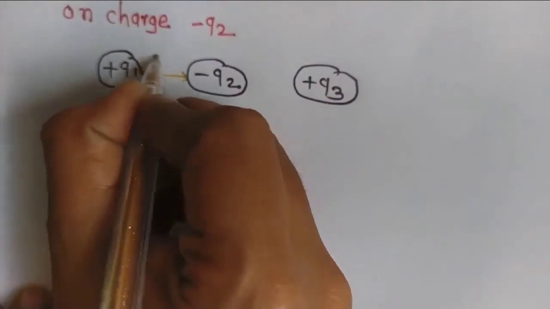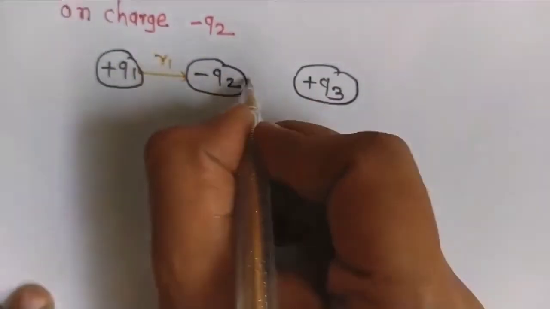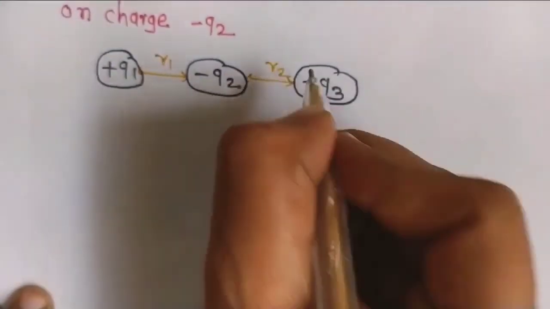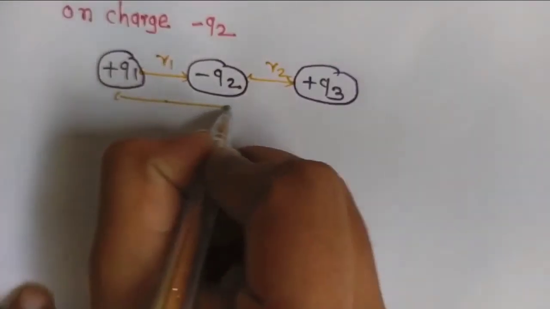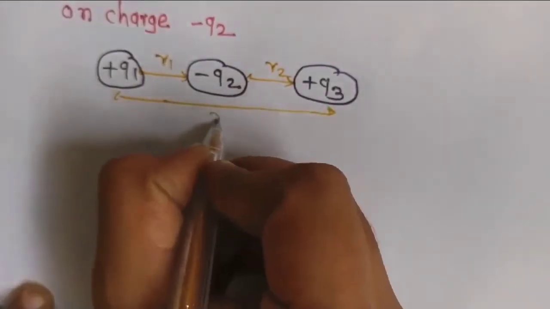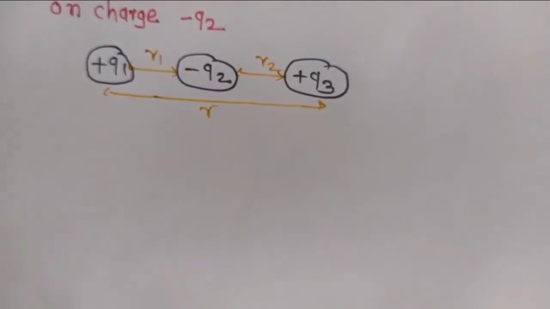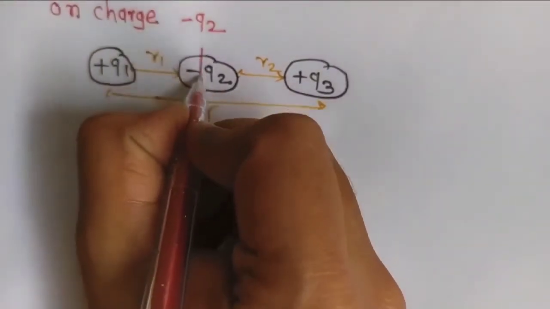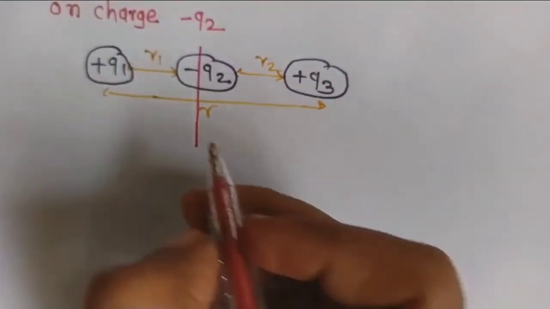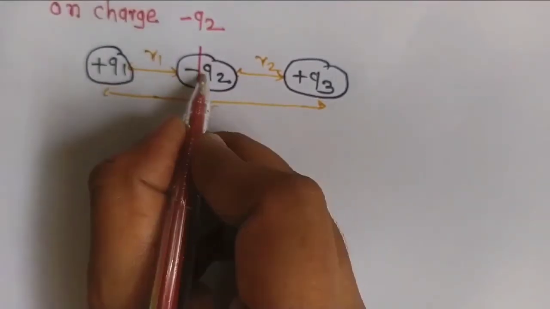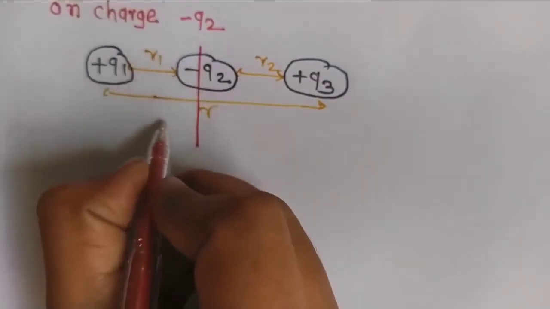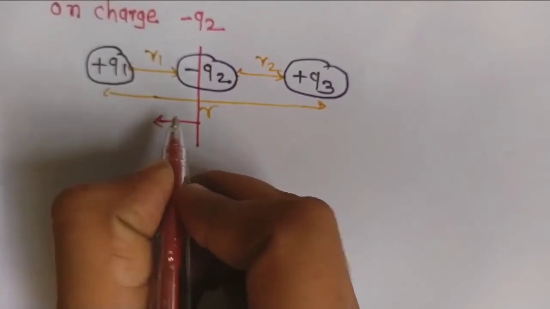The distance between the charge plus Q1 and minus Q2 is R1. The distance between charge minus Q2 and Q3 is R2. And the distance between plus Q1 and plus Q3 is R.